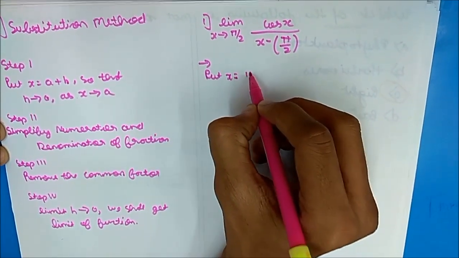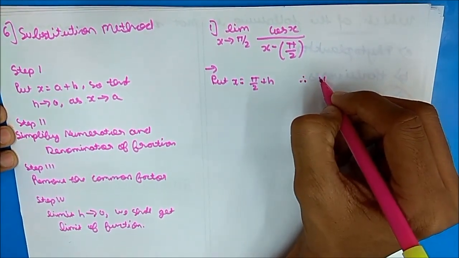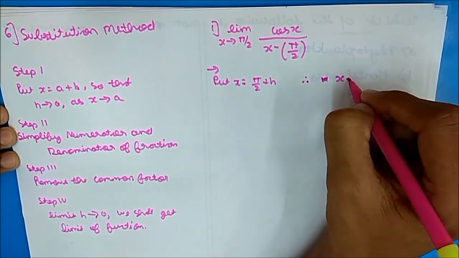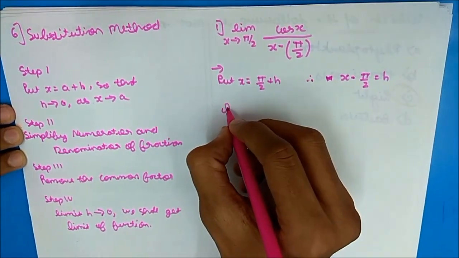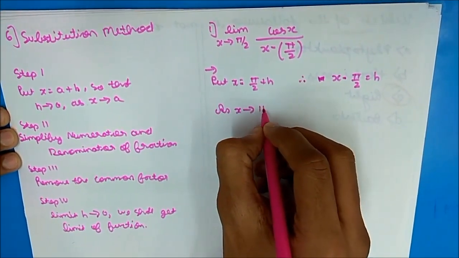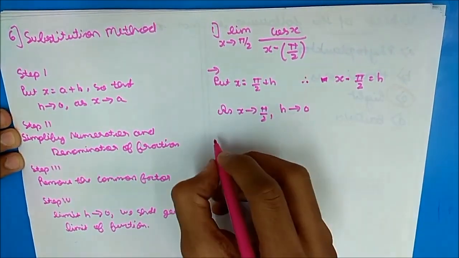put x is equal to pi by 2 plus h, therefore x minus pi by 2 is equal to h. As x tends to pi by 2, h will tend to 0.